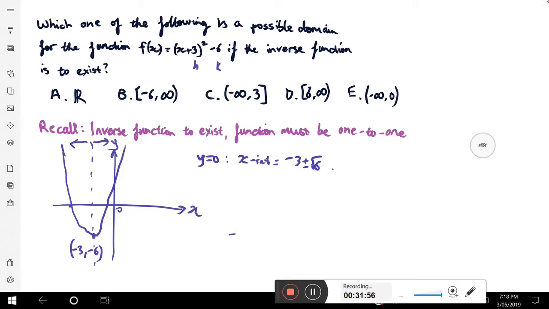If you were to find the inverse of that, it would go something like that. And so that's your point here. If you were to find the inverse, it would be -6, -3. So what you're doing is you want to either take this top part or you take this bottom part.